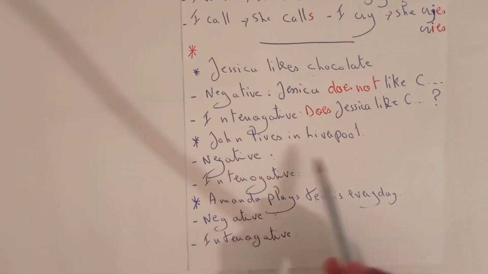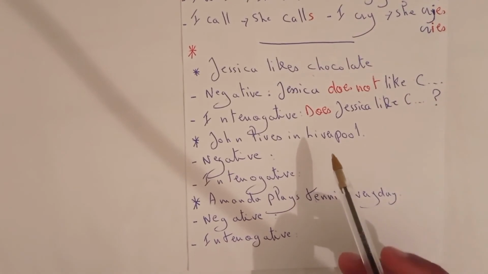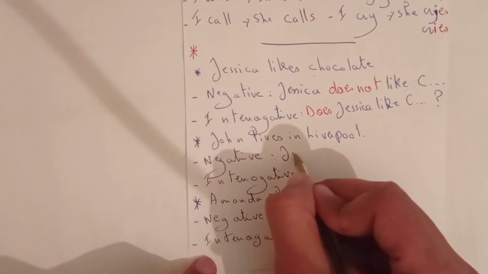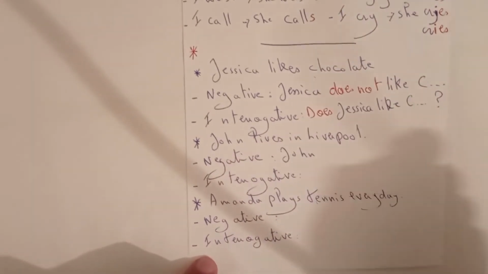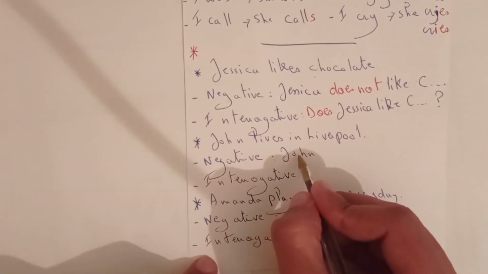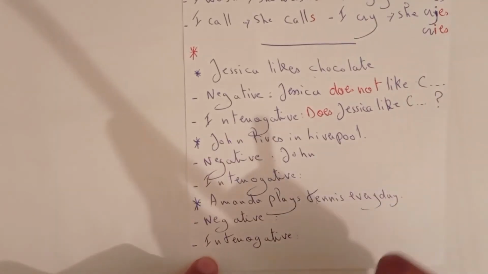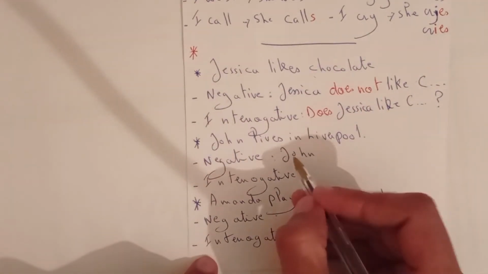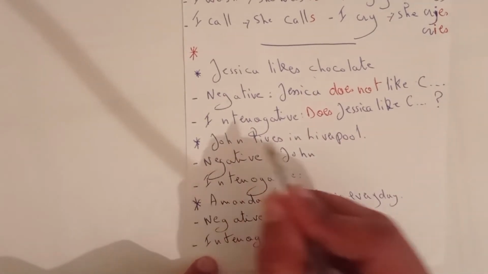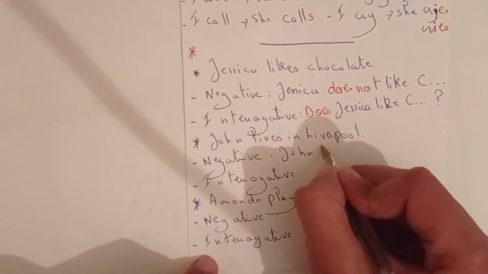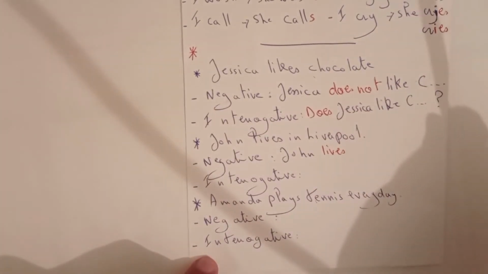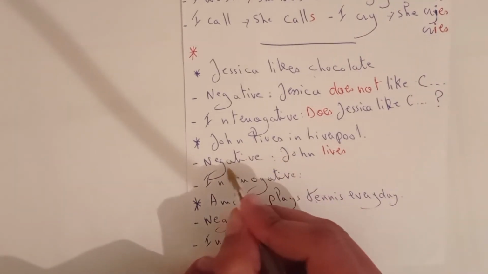To have a negative sentence, what do we need? We need 2 things. We need do and not. Okay, good. John, he, she, it. He. Good. He is a man. Man, singular. John lives in Liverpool. He lives in Liverpool. I'm sorry.